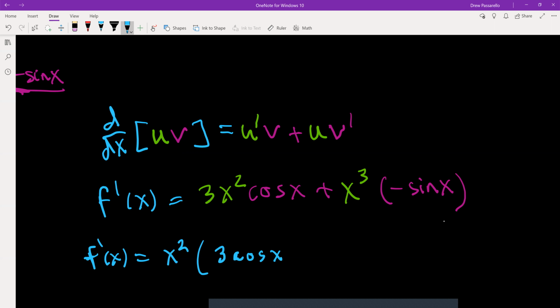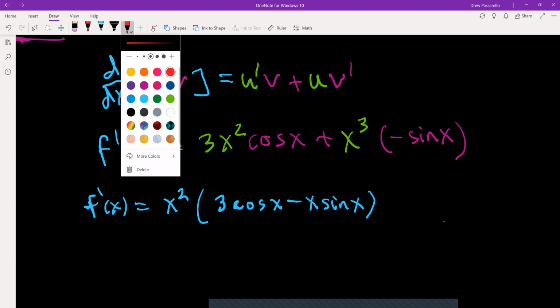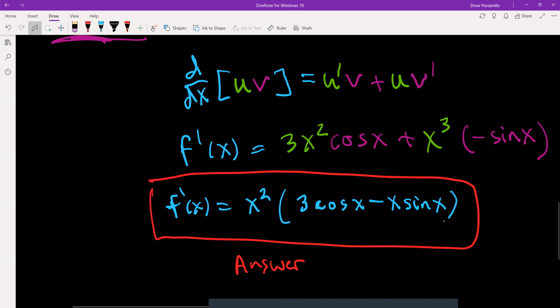And then the second term turns into minus x sine x. All right, and then that's going to be the answer. All right, so that's that one.